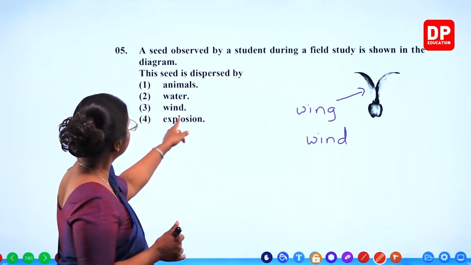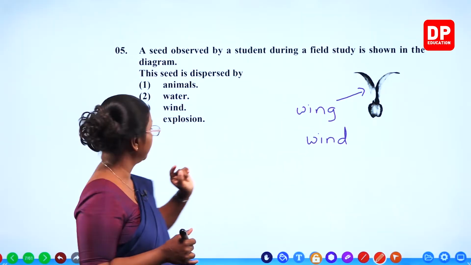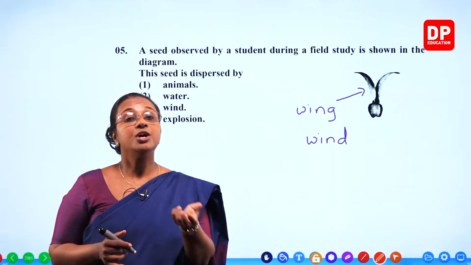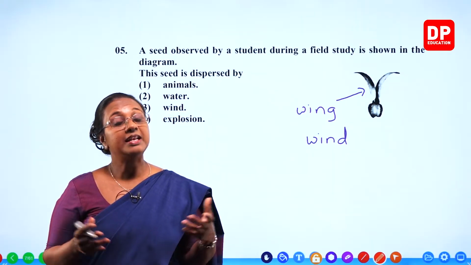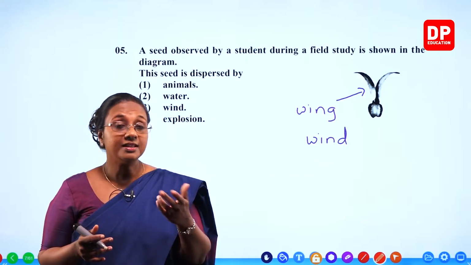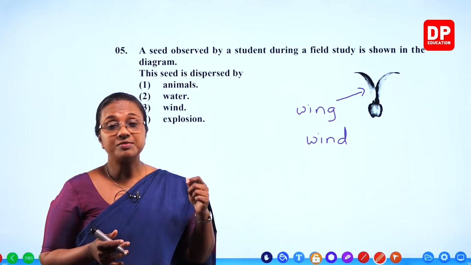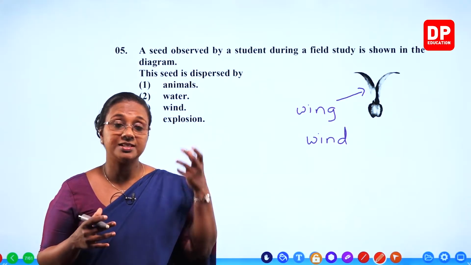Then, the third one, wind, like I explained to you all. Then, explosion. Explosion, you all know the balsam plants, that is by explosion. Then, lady's fingers. Normally the fruit becomes very dry. It's not a fleshy fruit. It's like a pod.